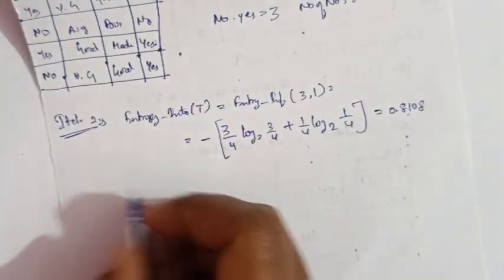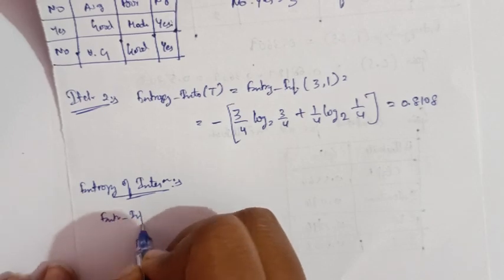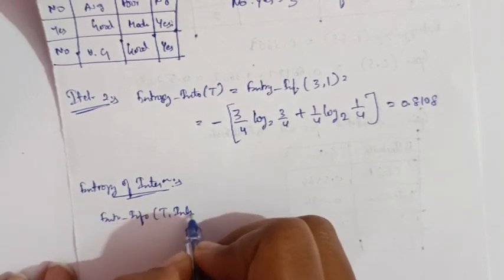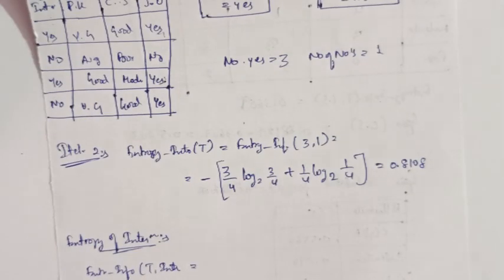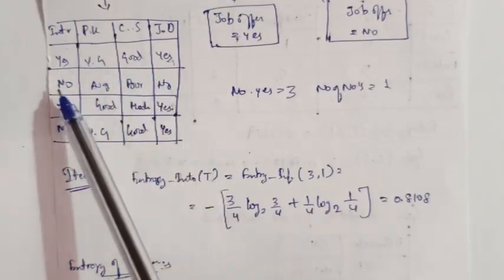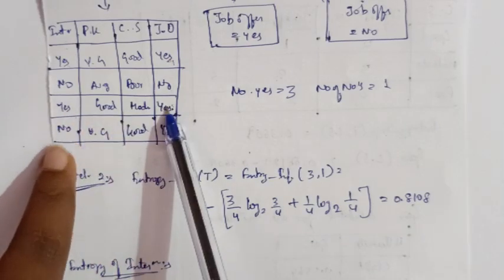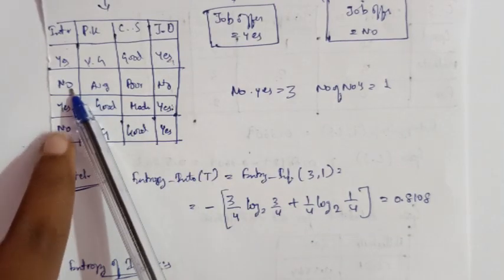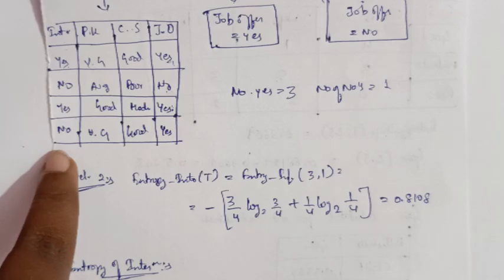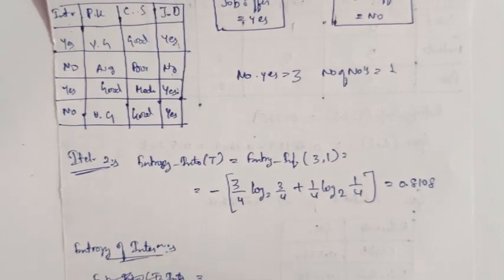Now entropy for interactiveness. Here we have S and no as 2 attributes, right? First let's construct the table for this.